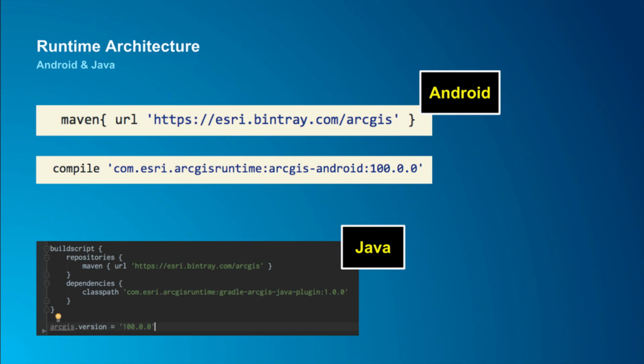And with Java, we have plugins for Maven and for Gradle. A big advantage of both of these is you don't have to worry about any of the dependencies that we depend on at the SDK level. You pull in the one line of AAR, or you pull in the plugin, and you get everything you need to just start developing. And your time to developing should be much quicker.